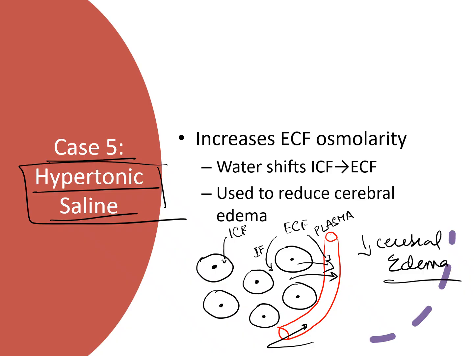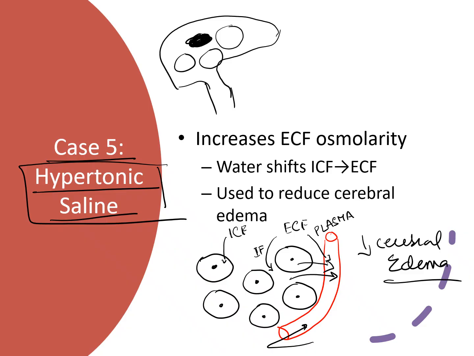How? Let's say you have a patient who has a brain bleed. Let's say this is a bleed and this is a brain. A brain bleed will compress the brain cells and the capillaries in the brain, and some of the cells will get compressed and get bigger. There will be capillaries around those cells also in the brain.